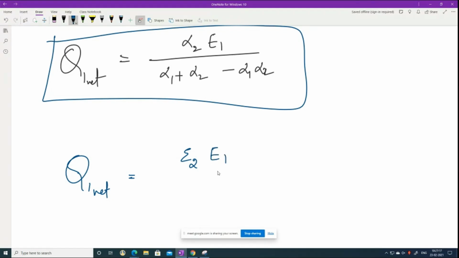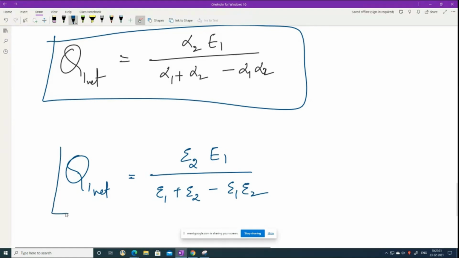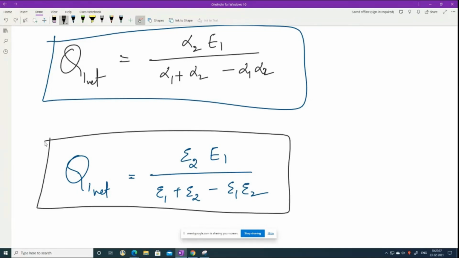That's the only change. It is epsilon 1 plus epsilon 2 minus epsilon 1 into epsilon 2. This is your expression for Q1 net in terms of emissivities. This one is in terms of absorptivities, this one in terms of emissivities. That is the only change here.